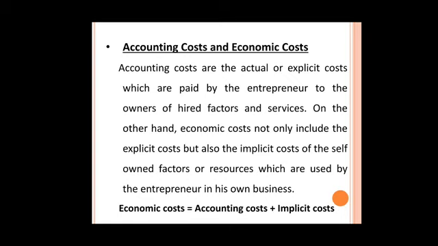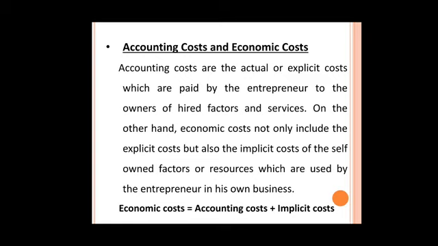The economist takes into account all these accounting costs, but in addition, he also takes into account the amount of money the entrepreneur could have earned if he had invested his money and sold his own service and other factors in next best alternative uses. That is, economist takes into consideration both the explicit and implicit costs.